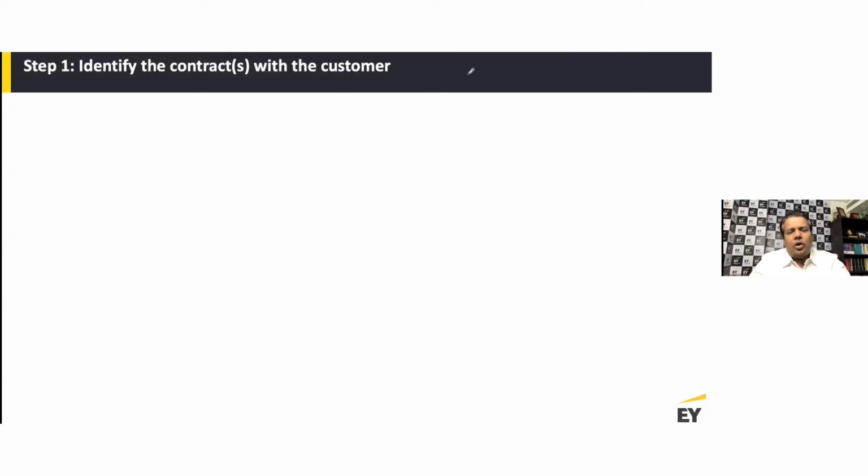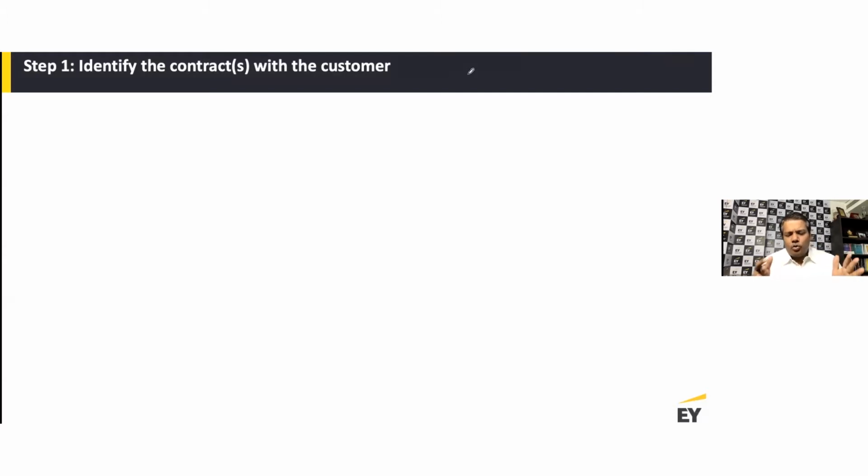So in a contract between two parties, either you are buying or you are selling. And of course, there could be a contract from one to many, where one person is selling to many people. So now the question is, is there a contract?